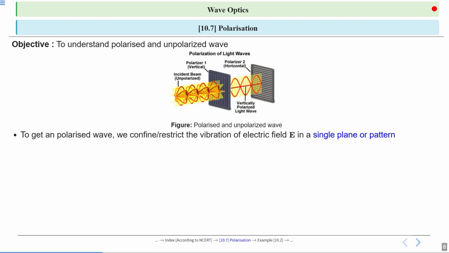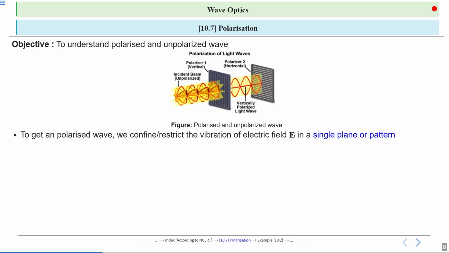In the image you can see the vibration of the electric field vector, or light vector. Why are we only taking the electric field vector, and not the magnetic field vector? Because we have discussed in electromagnetic waves that the magnitude of the magnetic field vector is much smaller compared to the magnitude of the electric field vector, because the amplitude of the electric field, E naught, is equal to C times B naught.